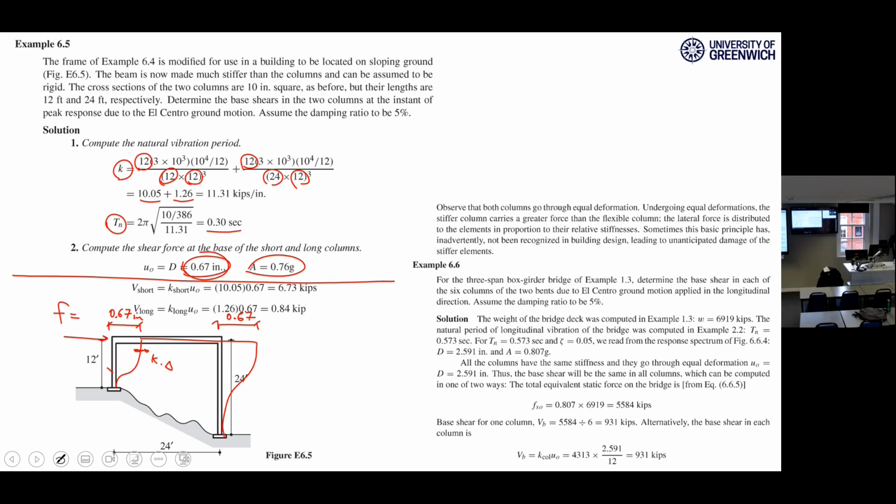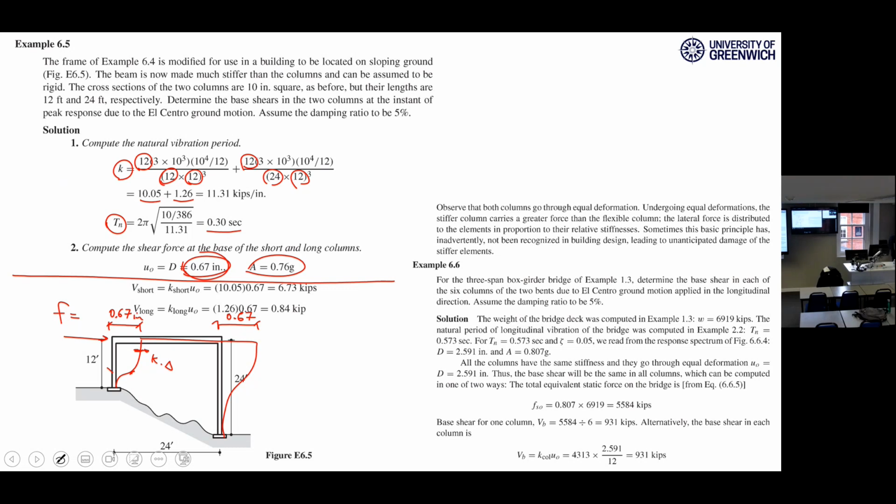You have the stiffness for this column, you have the stiffness for that column. Multiply the stiffness of each column by 0.67, and you will come up with the internal force in each column. And since there is a huge difference between those stiffnesses, you will get a big portion of the total force in this column and a small portion in that column.